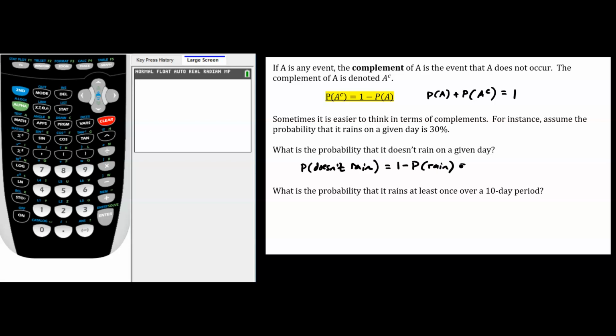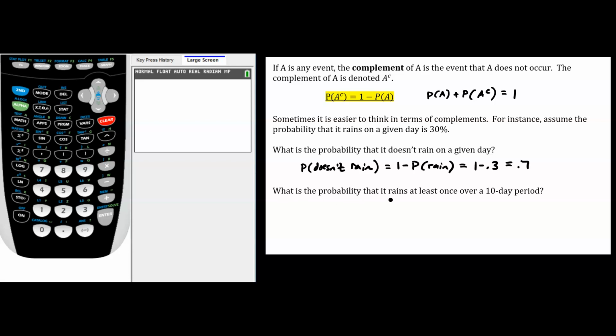And so by thinking in terms of complements, we could say 1 minus 0.3, or 0.7, is the probability that it doesn't rain on a given day. And we do this all the time. When you look up the weather online and you see that there is a 30% chance of rain, then maybe you're thinking to yourself, well, there's a 70% chance that it's not going to rain.